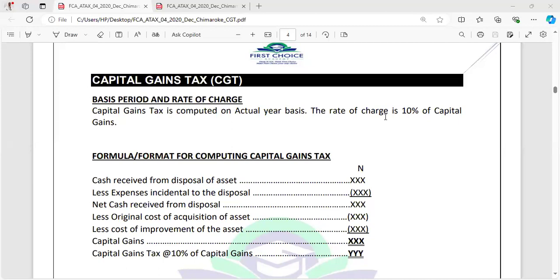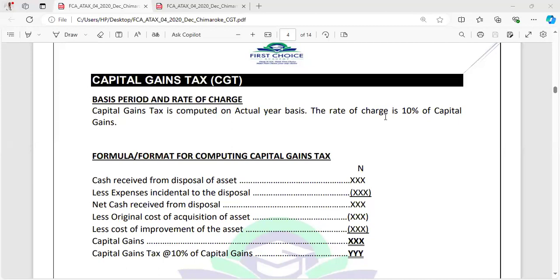So it is being done semi-annually. Due dates are 30th June for assets that are disposed of on or before June 30th, and 31st of December for assets that are disposed of on or before 31st December.